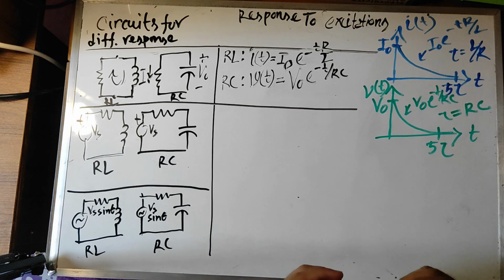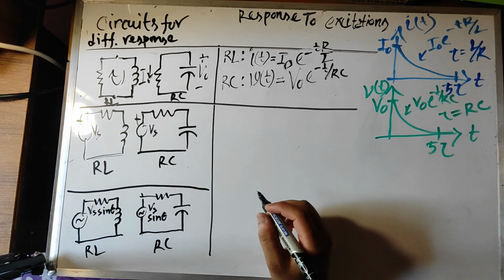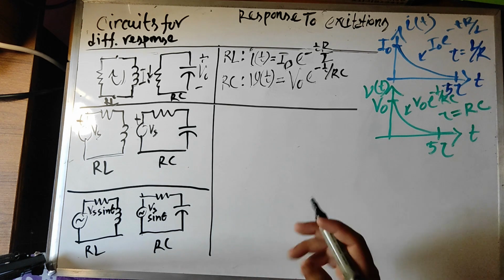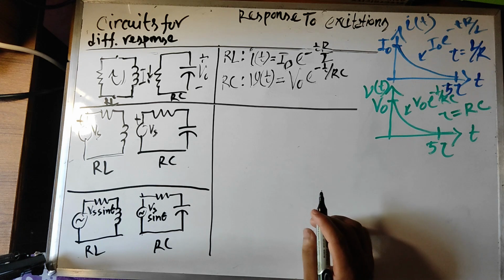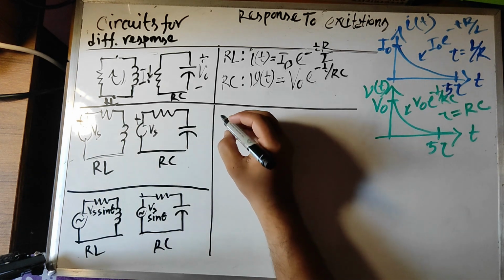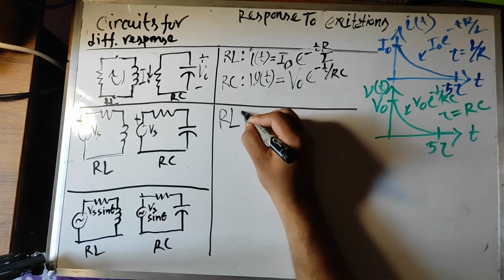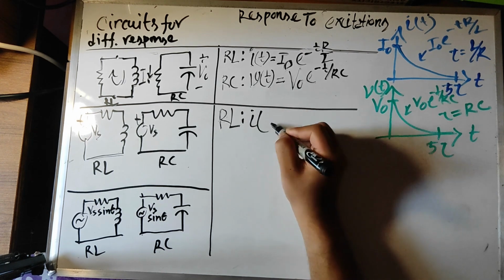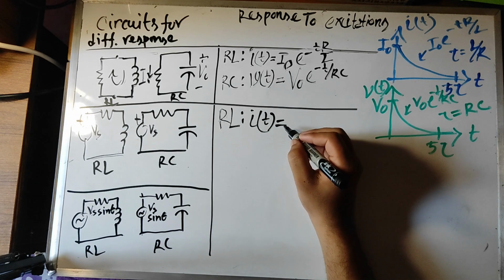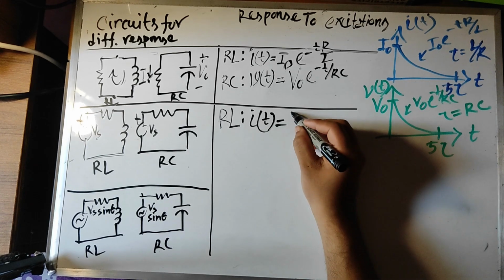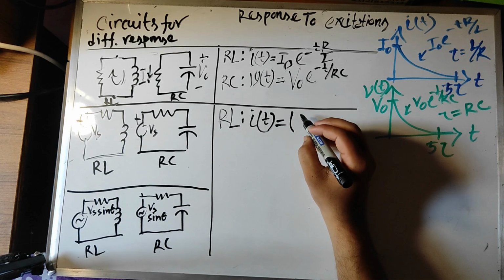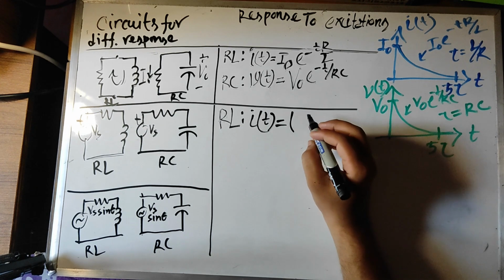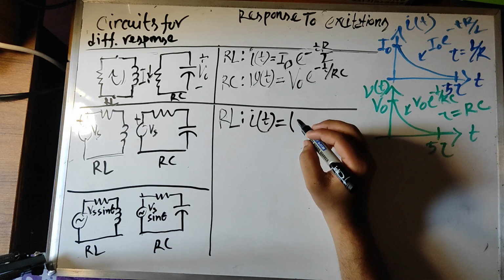Now let's go to the next response. For the RL and RC step response, or the DC response, the mathematical representation will be, for the RL circuit, the step response is obviously current, which equals the transient response and the steady state response, which will be the full complete response of the RL circuit.